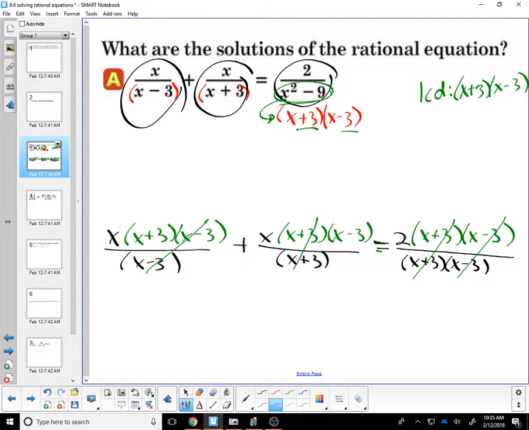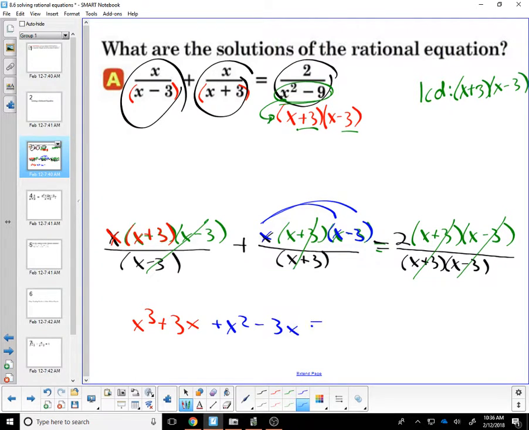Now, up here at the beginning, I've got x and x plus 3 left over, correct? So that becomes x squared plus 3x, correct? You guys cool with that? Over here, I've got the x and the x minus 3 left over, which is going to give me, let's see here, x times x is a positive x squared, and that's going to give me a negative 3x, correct?